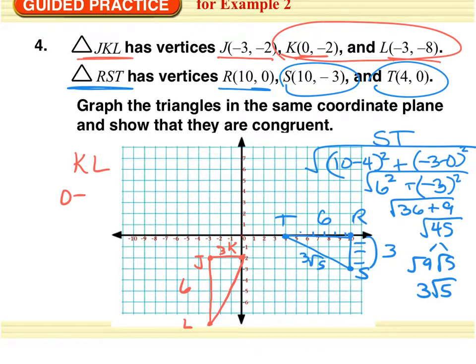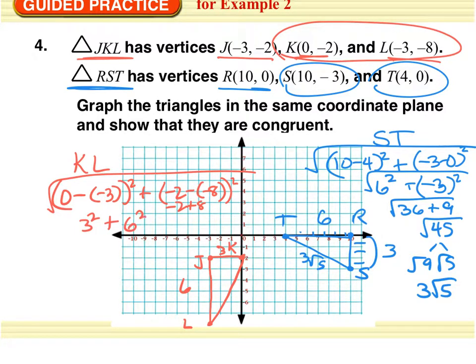So 0 minus -3 squared plus -2 minus -8 squared, all under the radical. So I get 3 squared, -2 plus 8 gives me 6 squared, 9 plus 36, square root of 45, and then the same answer.